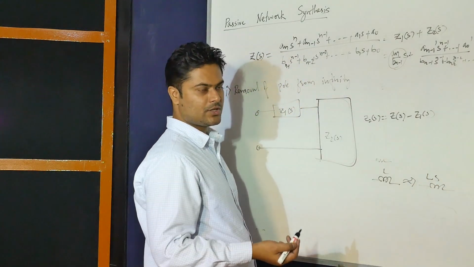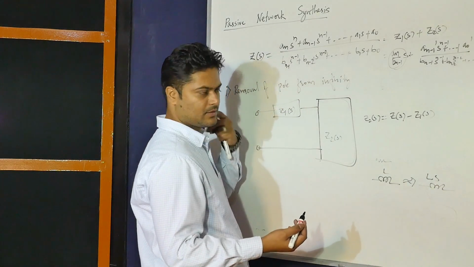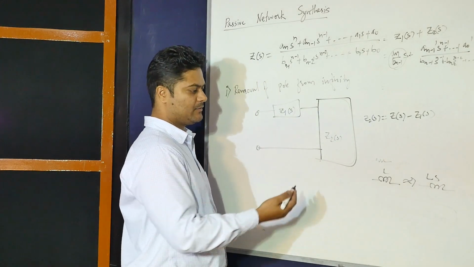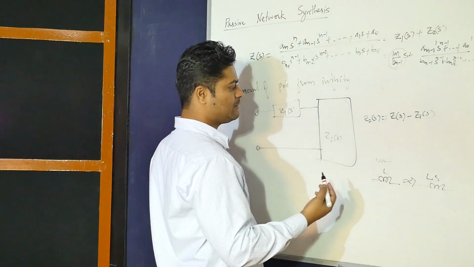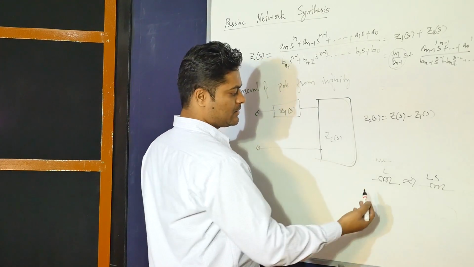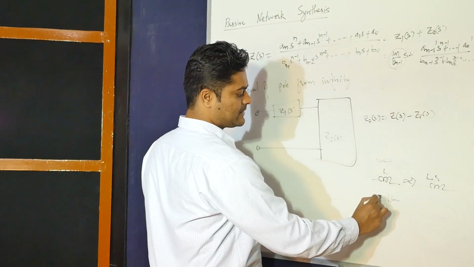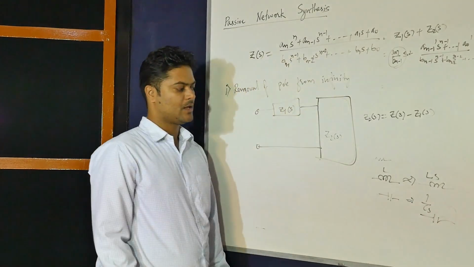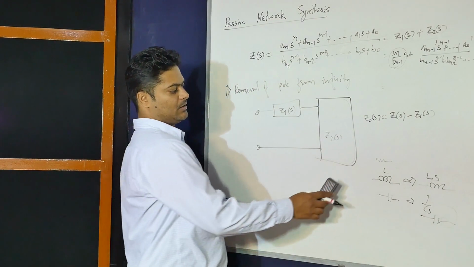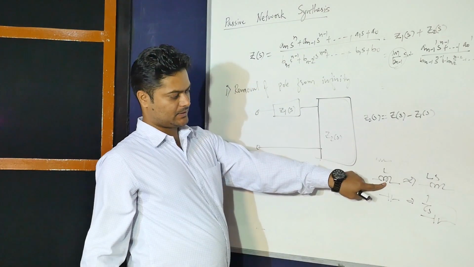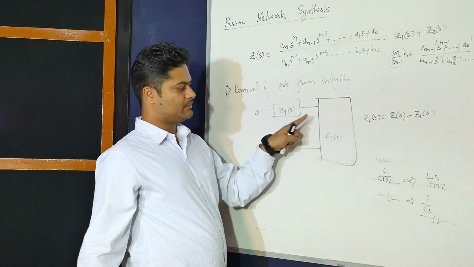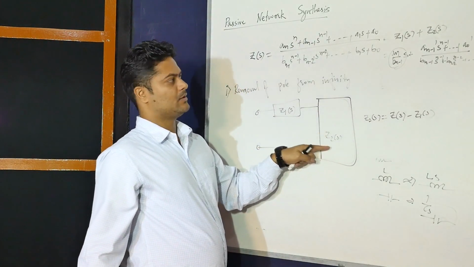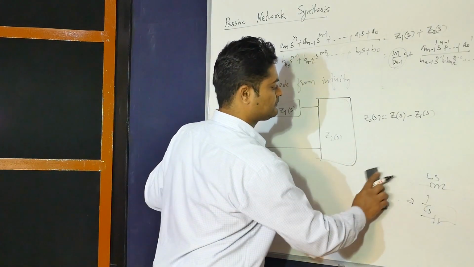If it is an admittance function, then Cs. A capacitor is written as 1 by Cs, correct? So we removed an inductor and replaced it in series with the element. So we removed an inductor from this Z2 of s. Fine.